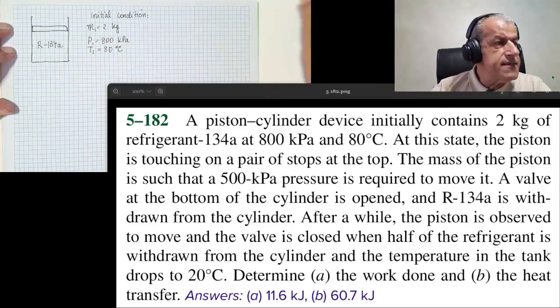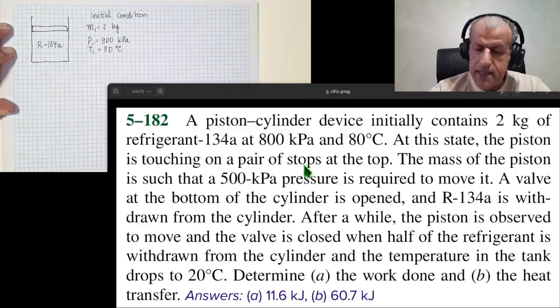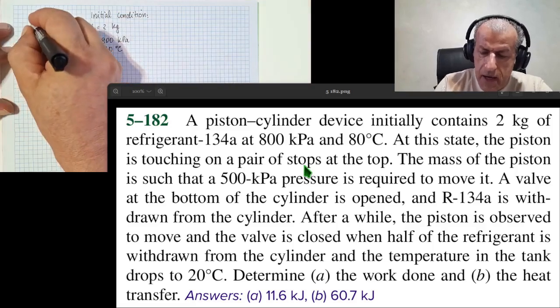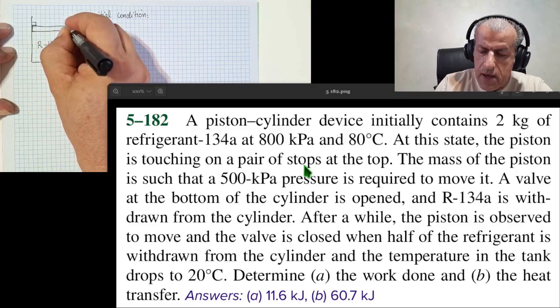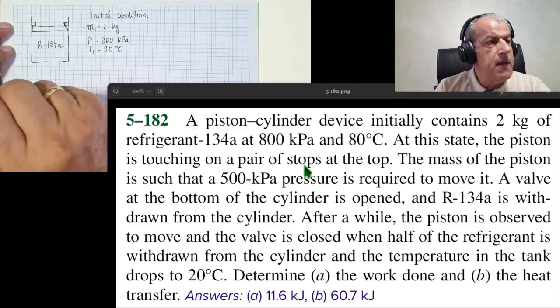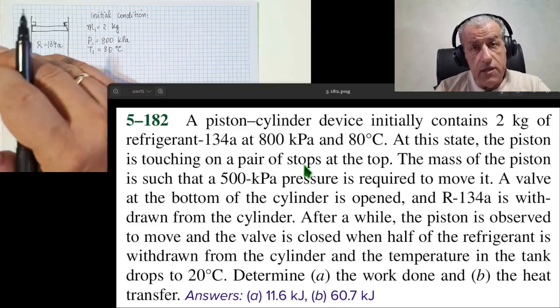It tells us that at this state, the piston is touching on a pair of stops at the top. So there are a pair of stops at the top, and the piston can't go any higher.